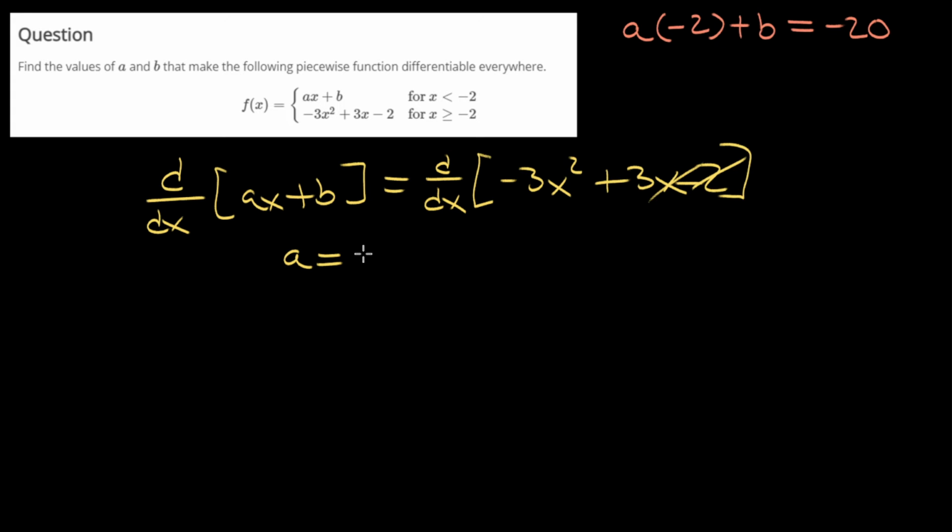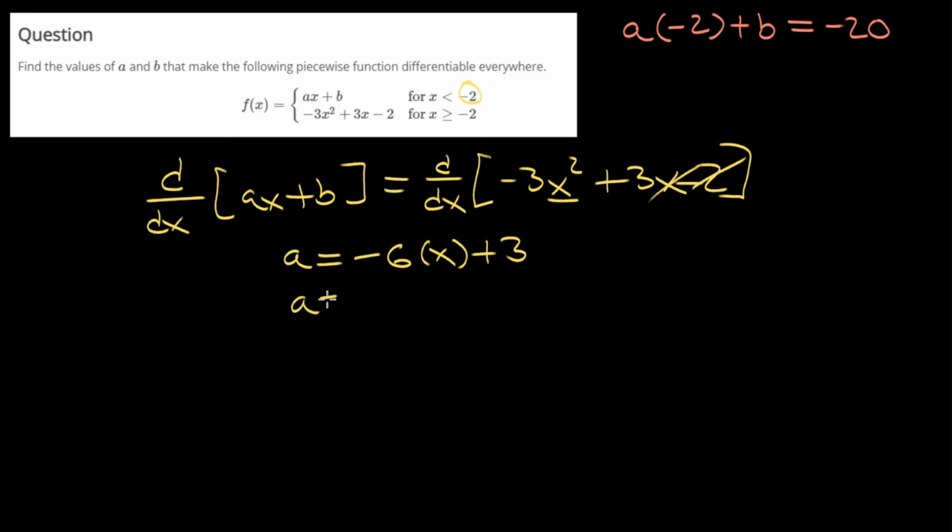So it would be -6x plus 3, because we almost forgot about this x. So I would put this x here, and then 3. That's the derivative. And now we want to put in the -2, because that's where we need to make sure this function is differentiable.